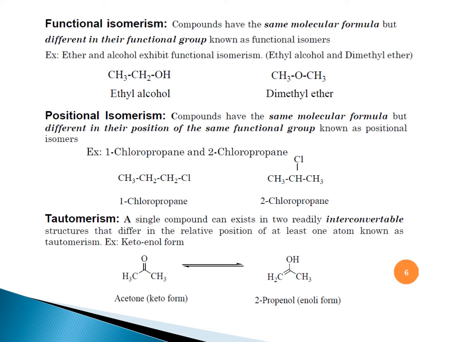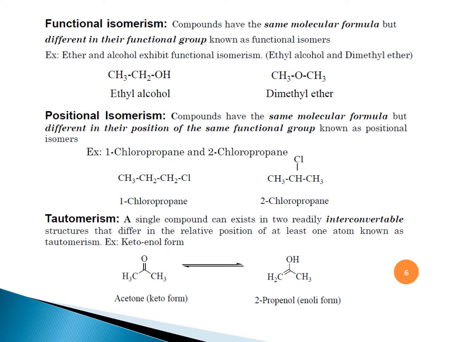Another one is positional isomerism. Compounds that have the same molecular formula but differ in the position of the same functional group are known as positional isomers. If you have a number of isomers, all with the same molecular formula but the position of the functional group is different in each, these types of isomers are known as positional isomerism.